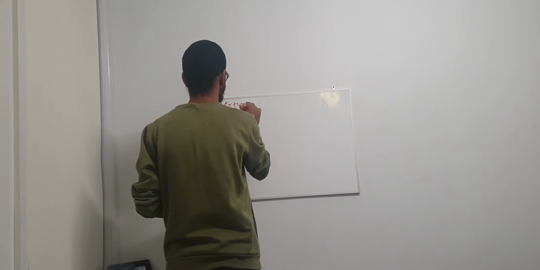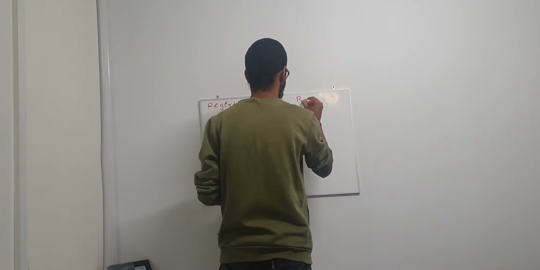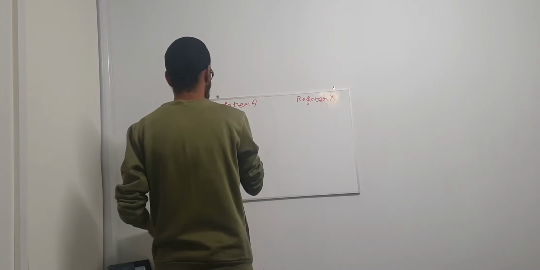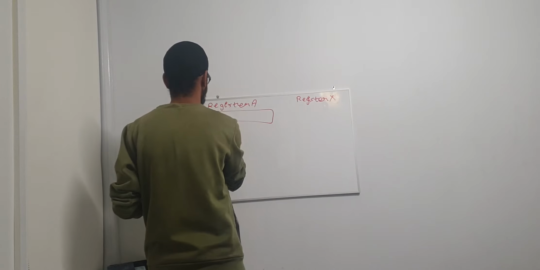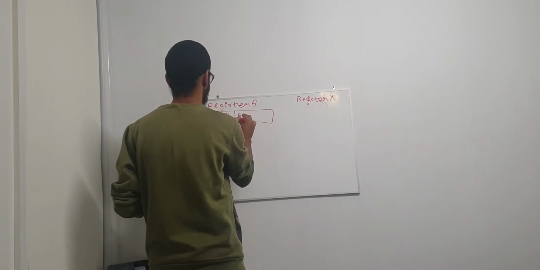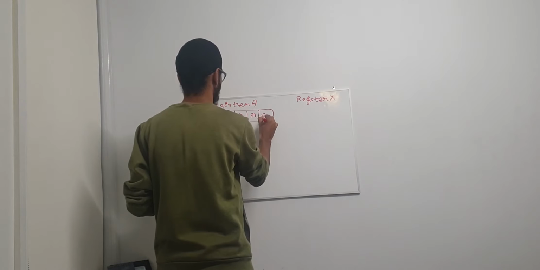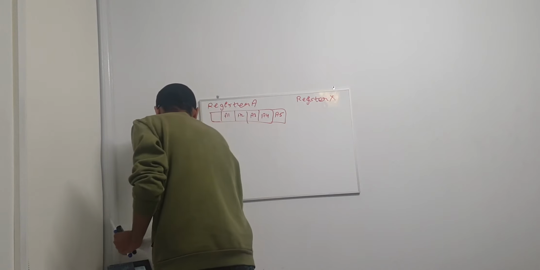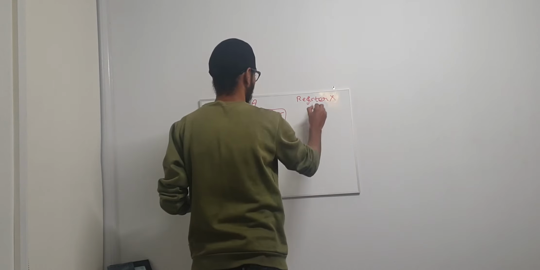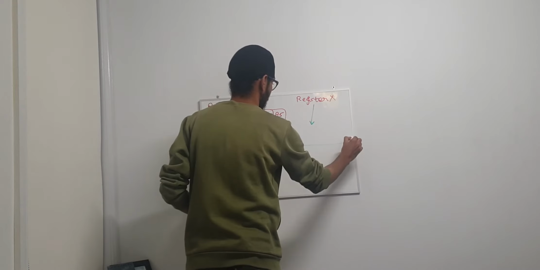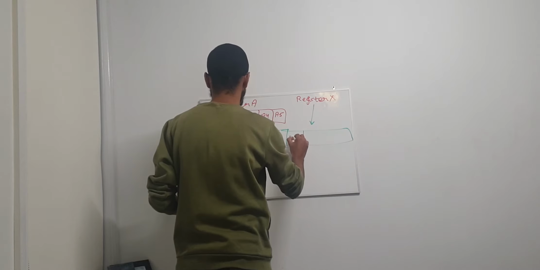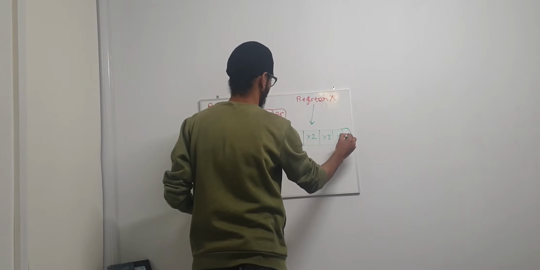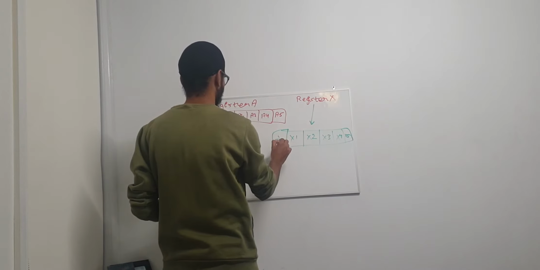So there is register A and register X. In register A we have A1, A2, A3, A4 and A5, and in register X, coming down here, we have x1, x2, x3, x4 and x5, with a plus-minus sign.